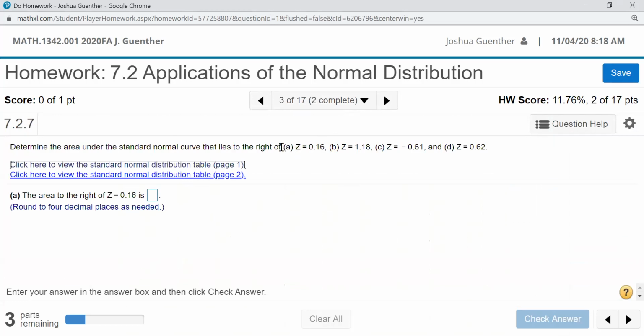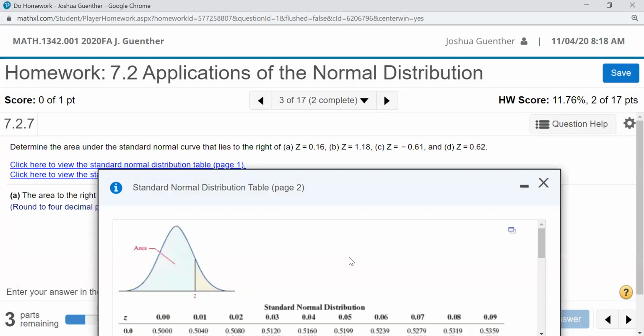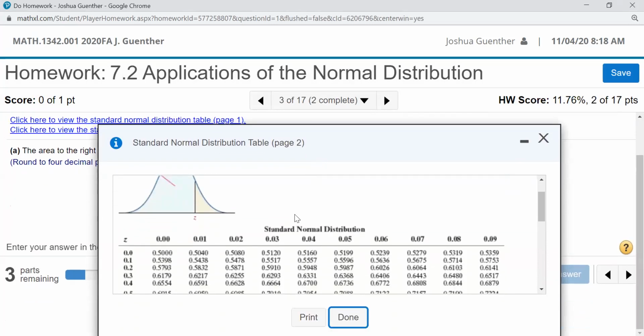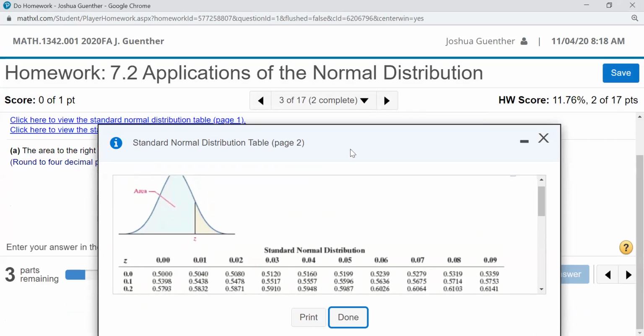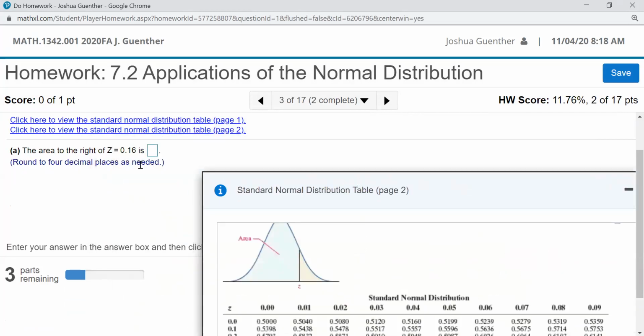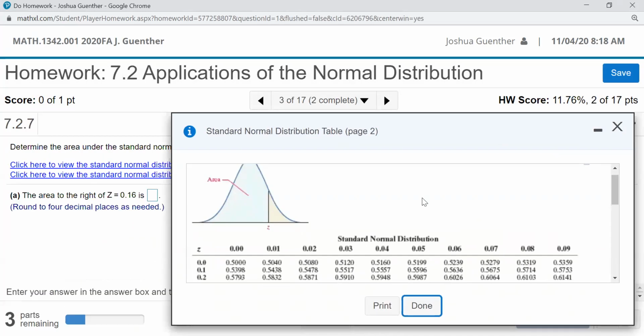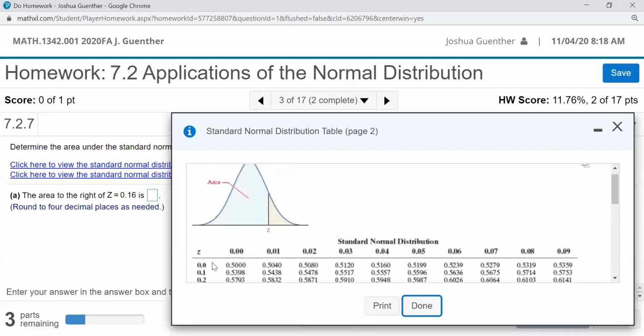So first we want the area to the right of a z-score of 0.16. So we need to use the positive chart. Now the chart you get will be that original one that has negative and positive z values on it. But at any rate, we need to look up a z-score of 0.16. So it's actually going to be 0.1, and then we go, here it is.